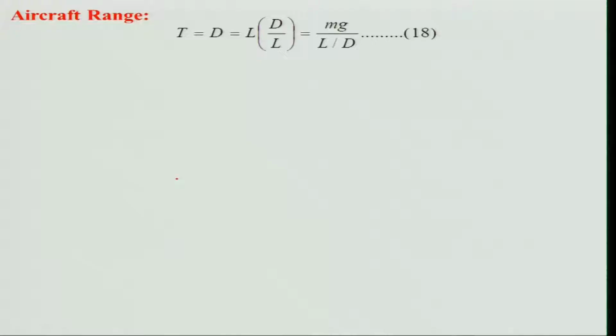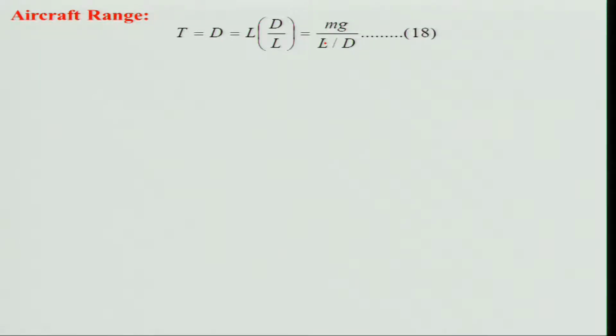So, this is the condition we will be looking at, that means the thrust is equal to the drag in the level flight, and we can write L is equal to W, and T is equal to D, or in other words T equals W by L by D, the lift and drag ratio. And what is the lift in level flight? It is basically mg, where m is the mass of the aircraft and g is the gravity which is acting.